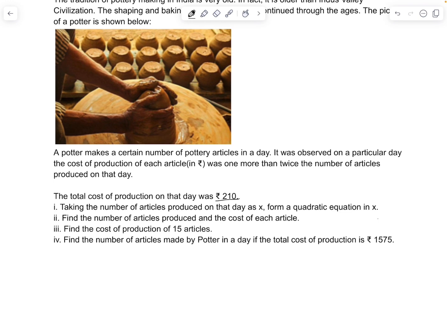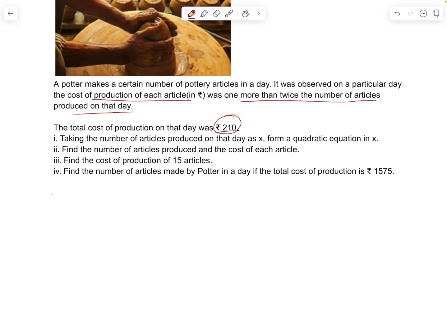Question 1. Taking the number of articles produced on that day as x, form a quadratic equation. By the question's suggestion, let us assume number of articles produced on a day be x. Cost of production of one article is one more than twice the articles produced on that day. That is, cost of production of one article is 2x plus 1.